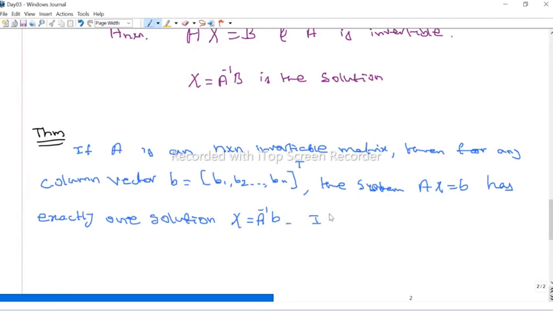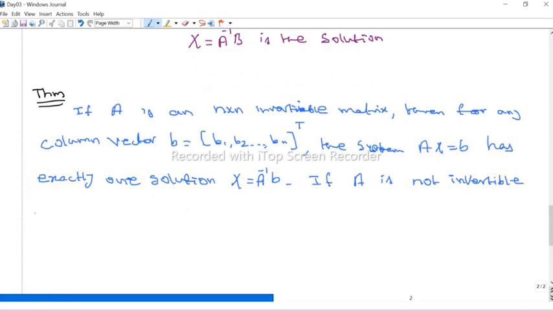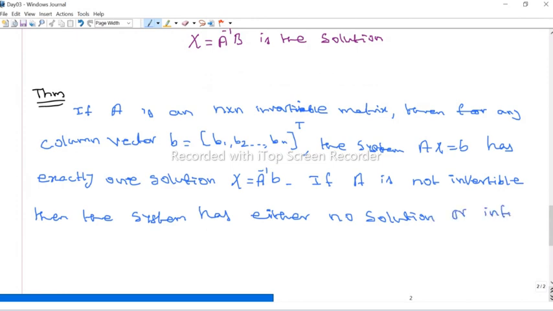Suppose A is not an invertible matrix, then the system has either no solution or infinitely many solutions, according to the consistency of the system.